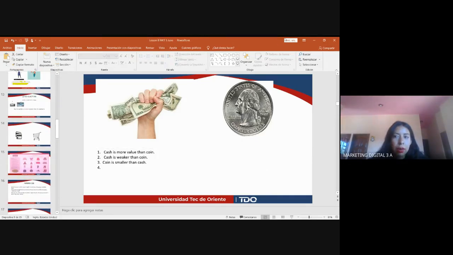So, any questions about this, guys? Any questions about comparisons and short and long adjectives? Chicos? Yes, always than. Because we use than like como, let me check. This pencil is bigger than this eraser.